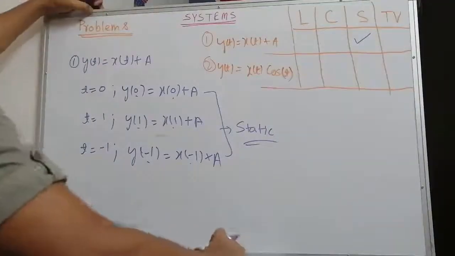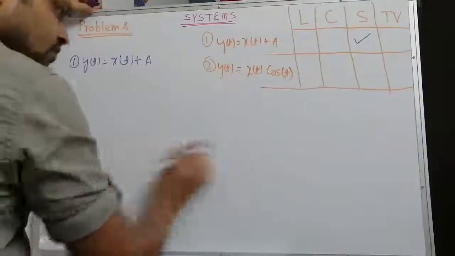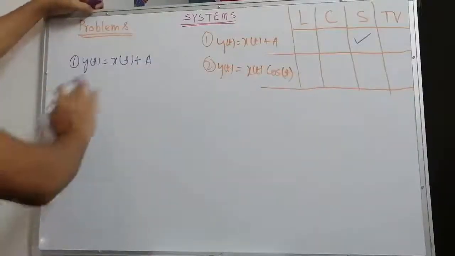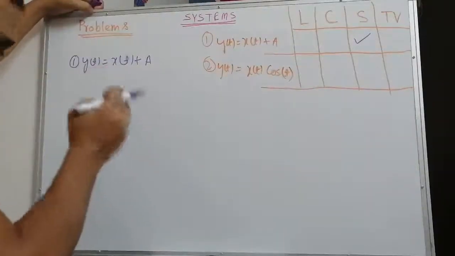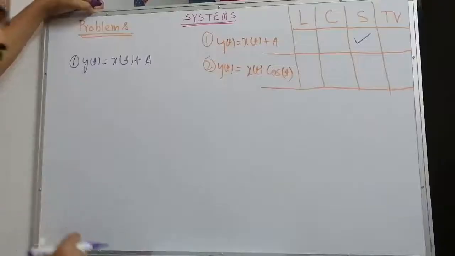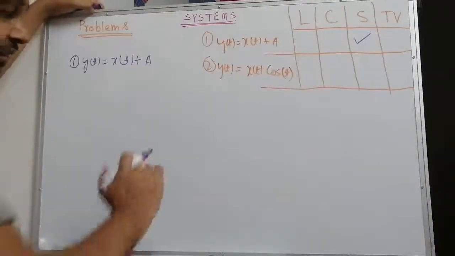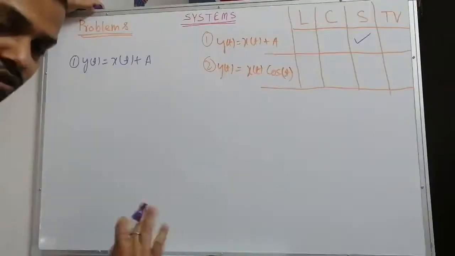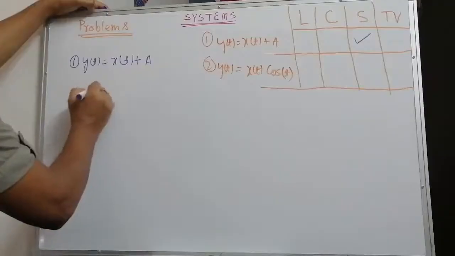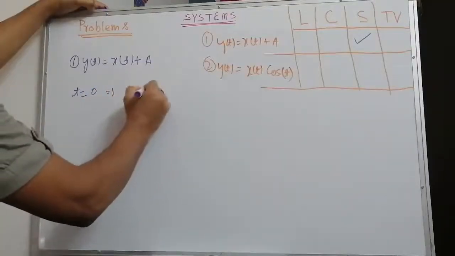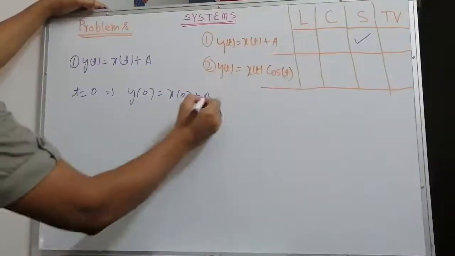Now let us check whether this system is causal or non-causal. For causal and non-causal, we have to check what the system depends on. If the system depends on present and past values of time, then it is said to be causal. If it depends on a future value, then it is a non-causal system. For the present time, t equals 0, we get y of 0 equals x of 0 plus a.